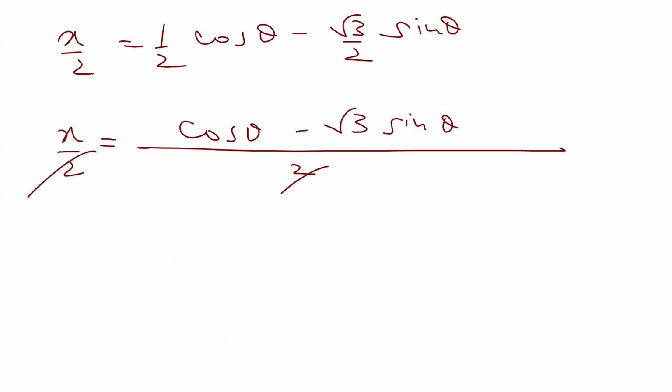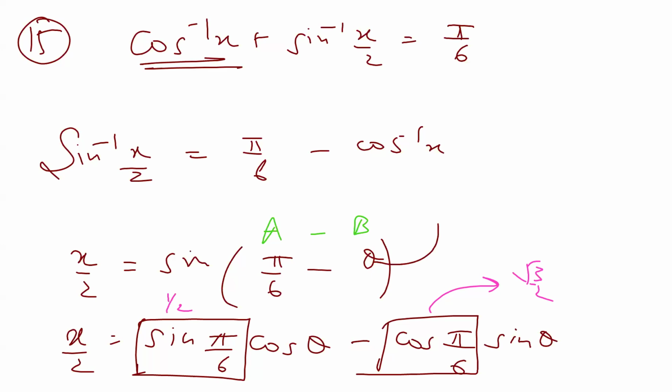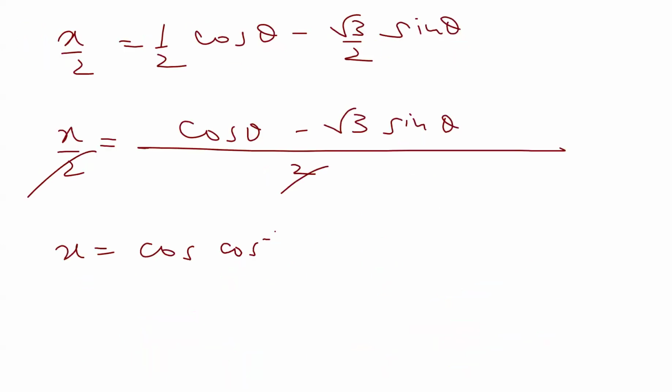So 2 will get cancelled. Now theta is equal to cos inverse of x. So resubstitute: cos of cos inverse of x minus root 3 sine of cos inverse of x.